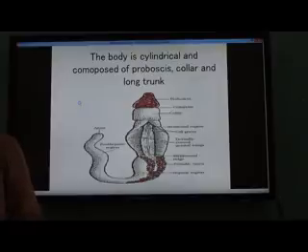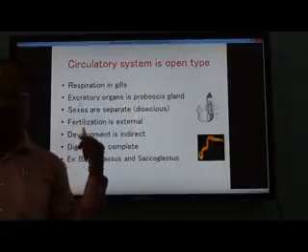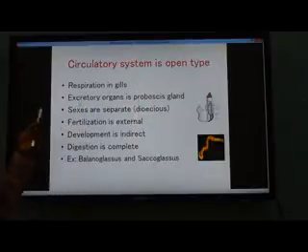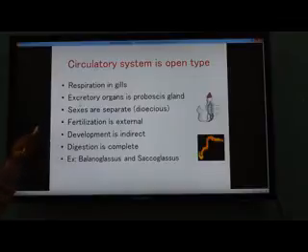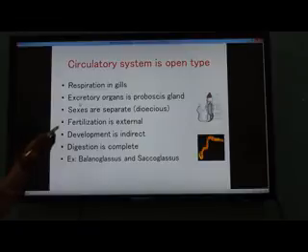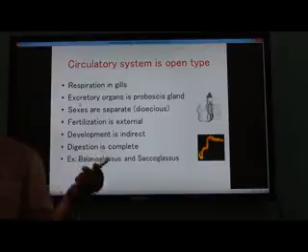Respiration is through gills. The excretory organ is the proboscis gland. Sexes are separate, dioecious. Fertilization is external, development is indirect, and digestion is complete. Balanoglossus and Saccoglossus are the best examples.